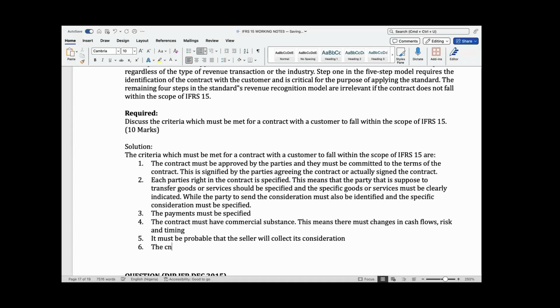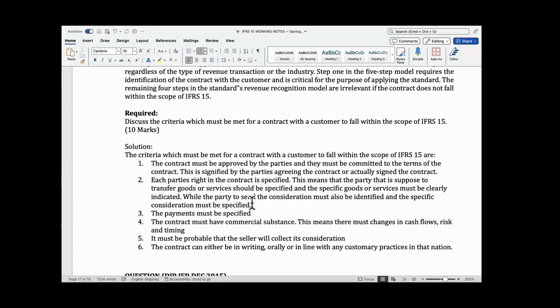Also, the contract can either be in writing or in line with any customary practices in that nation.